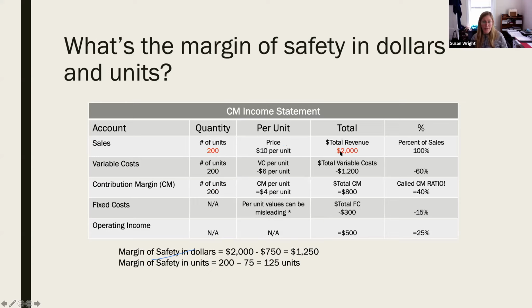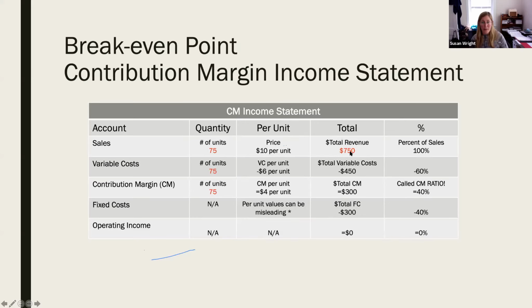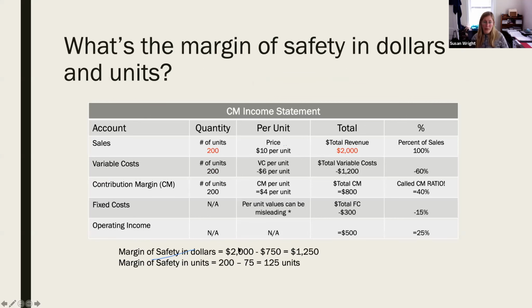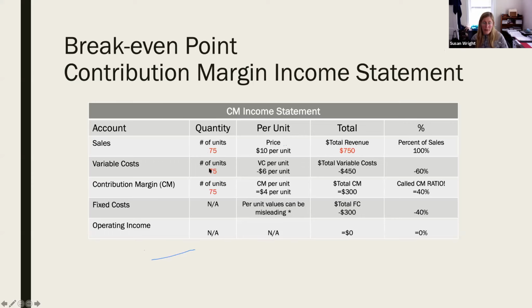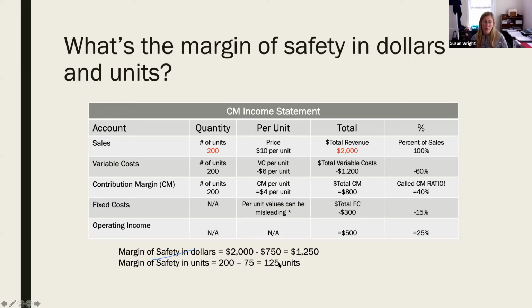Okay, this one's 2,000. 200 units generates 2,000 in sales. So we're going to compare this one. Let me go back to this one, break even, and subtract. So 2,000 minus 750 is 1,250 in sales. 200 right here minus the 75 is 125 units.